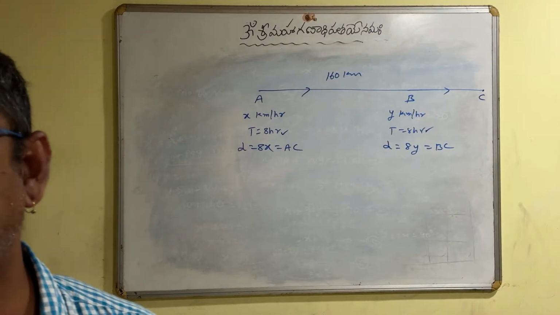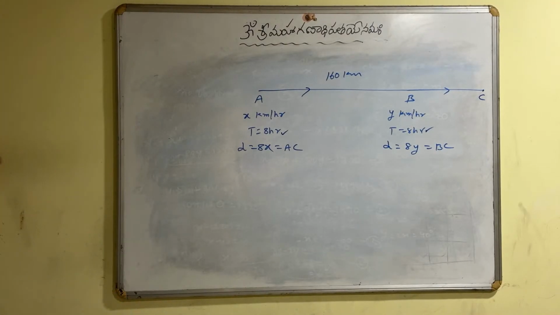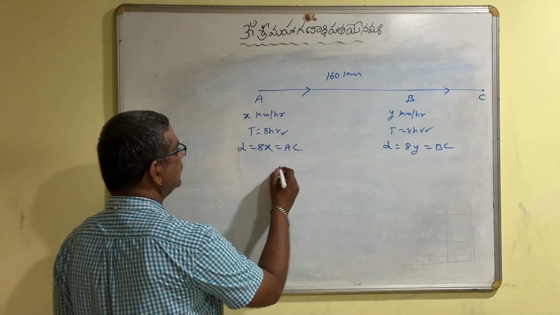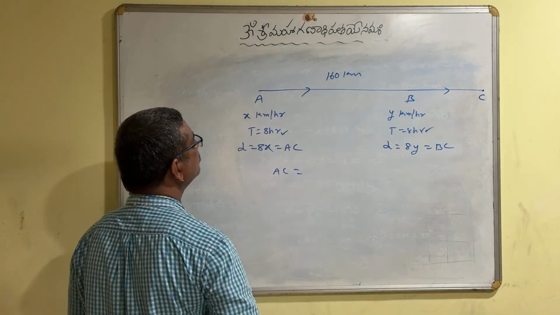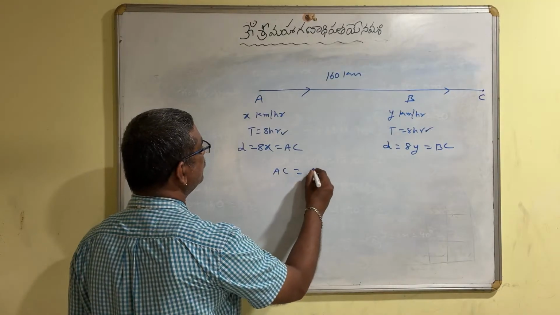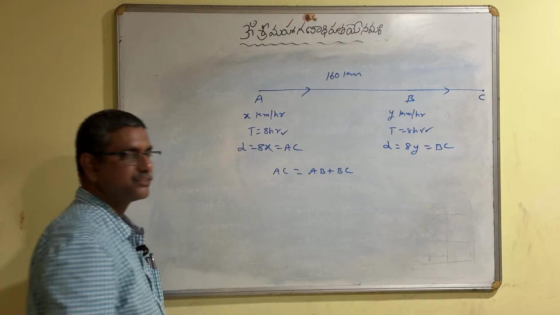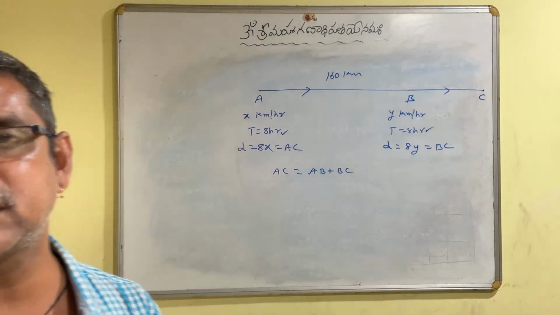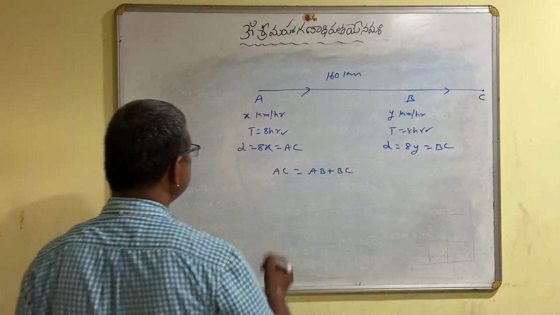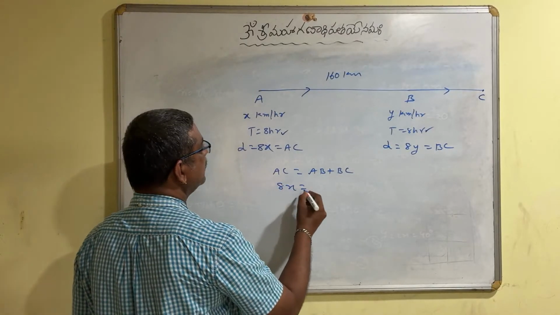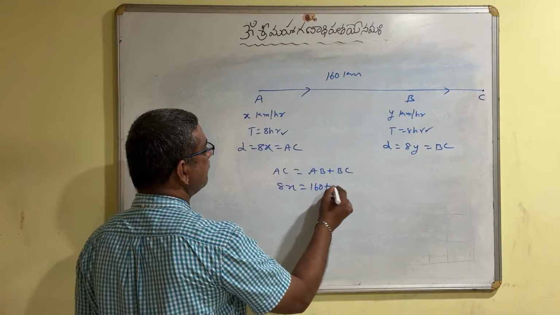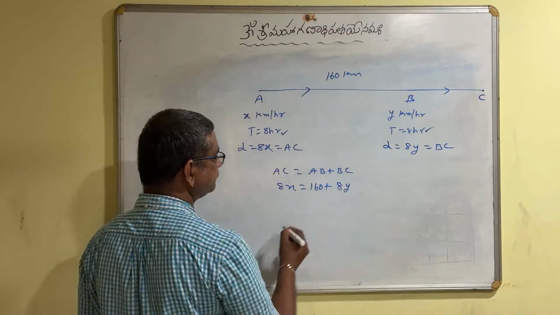Now, AC is equal to AB plus BC. Now AC we know 8x, AB we know 160, BC is 8y.